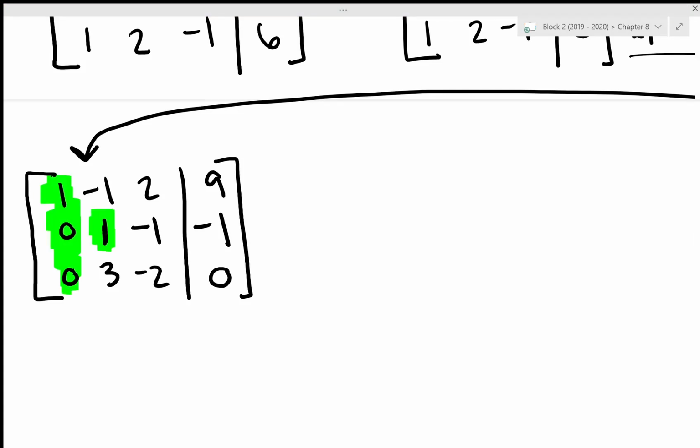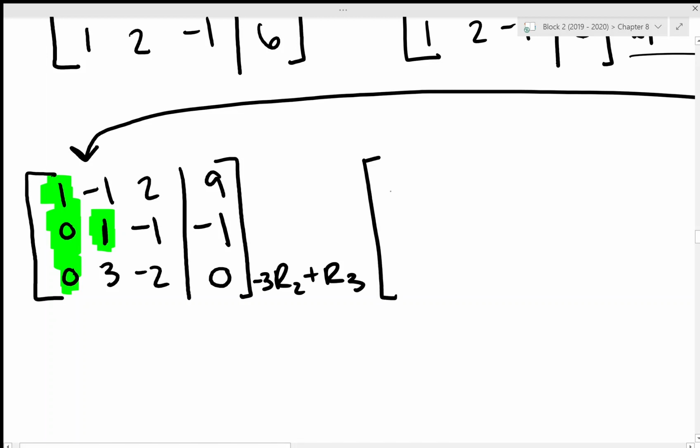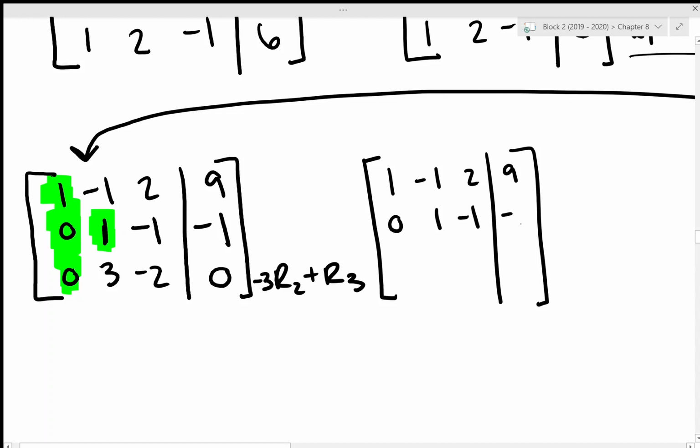So now I'm going to use row 2, because it's the row I just got the 1 in, and I combine it with row 3 to make the zeros below it. Now in order to make the 1 match the 3, I've got to multiply row 2 by negative 3. And then I will have 1, negative 1, 2, line 9. 0, 1, negative 1, negative 1.